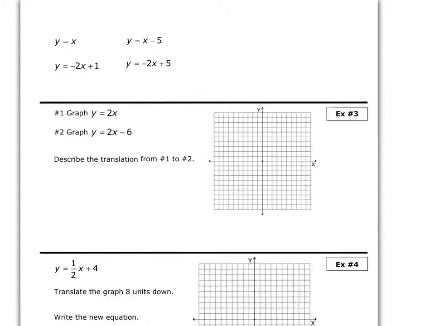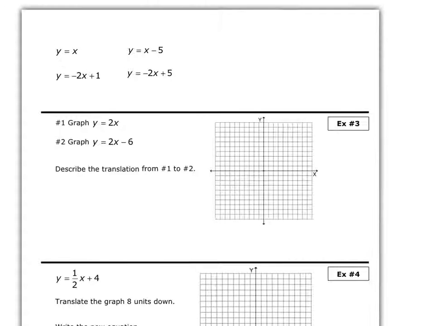So I'm going to add some information here at the top. I'll move my page down a little bit.